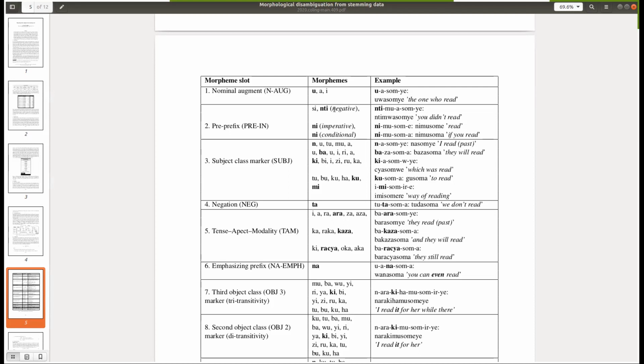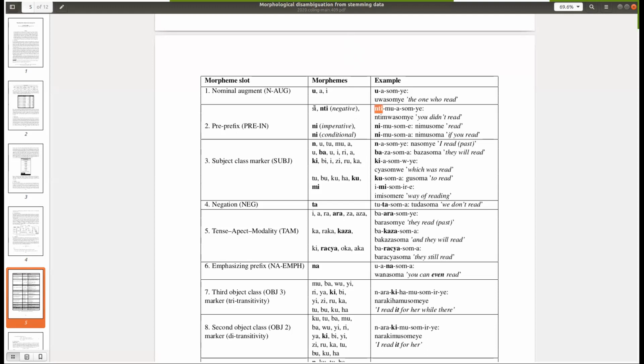That's a rule you have to enforce in the analysis. When you are the subject, first person, you don't say ninasomi, you say sinasomi. So it's two morphemes that express the same thing, but they are used in different ways depending on the case. So sinasomye, or ntiyasomye, ntimwasomye.